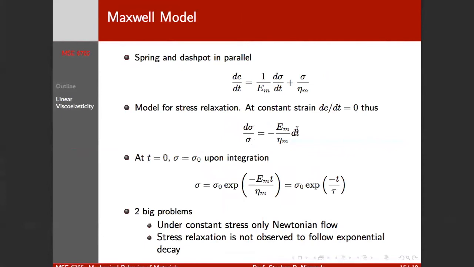Maxwell model, we have a spring and dashpot in parallel. If we remember our electrostatics, or electric circuits, if we have an RC circuit in parallel versus an RC circuit in series.